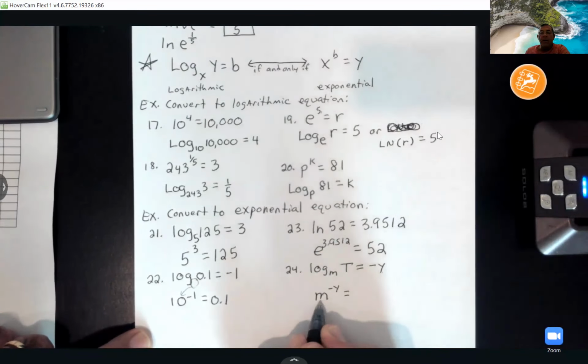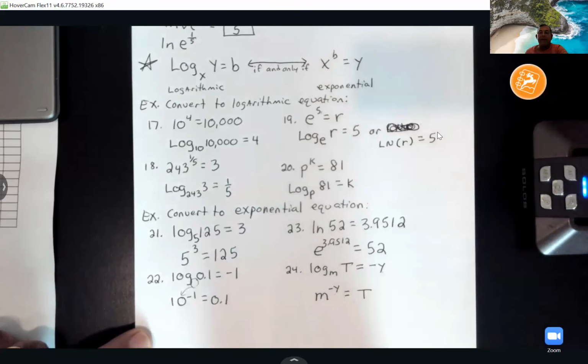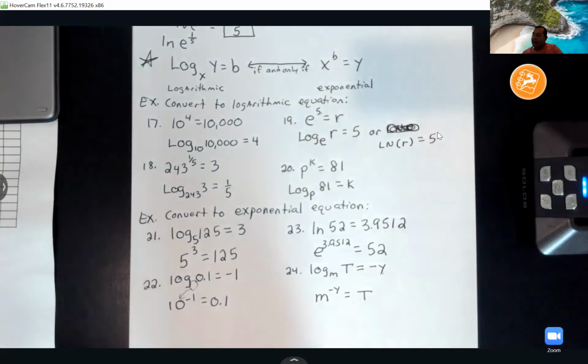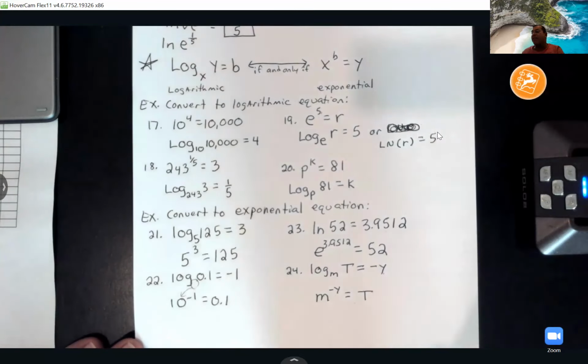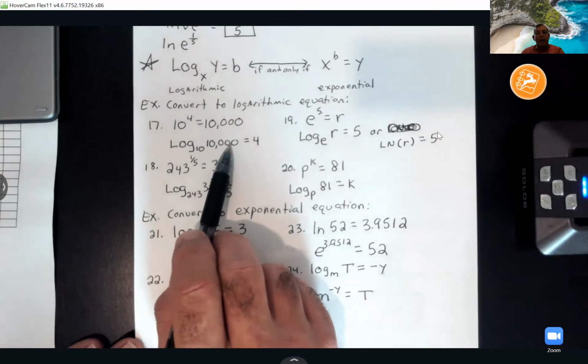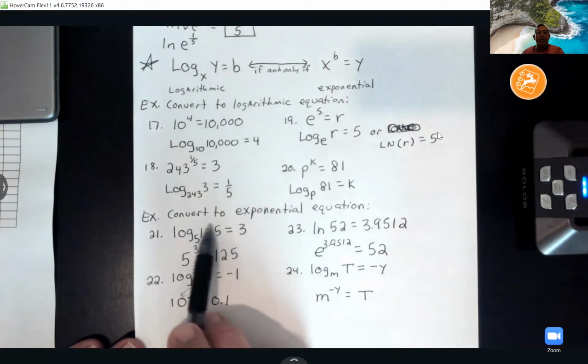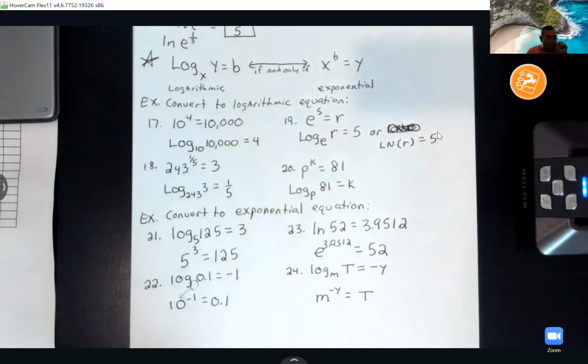And y'all, m to the -y equals my result of T. Okay, so you'll see why we learned this next week when we're solving equations. Because usually to solve exponential, I turn them to logs. And to solve these logs, I'm going to turn them into exponential, okay?